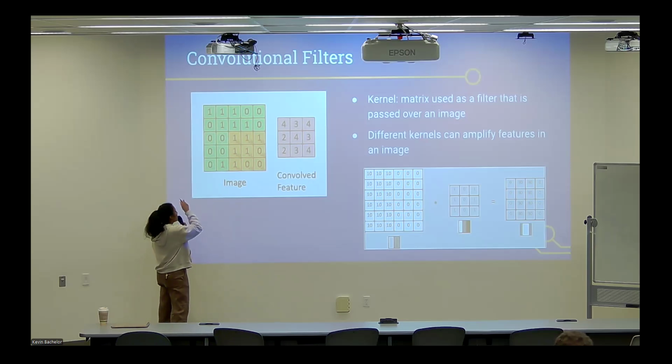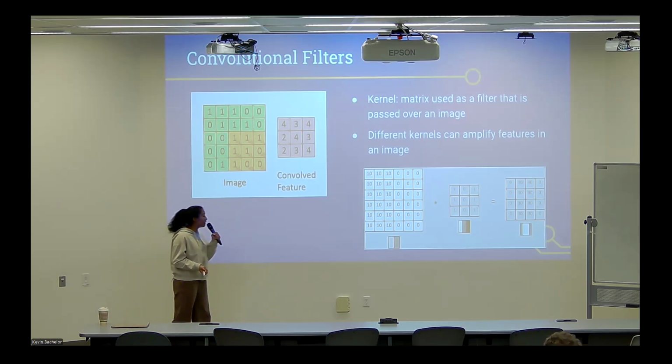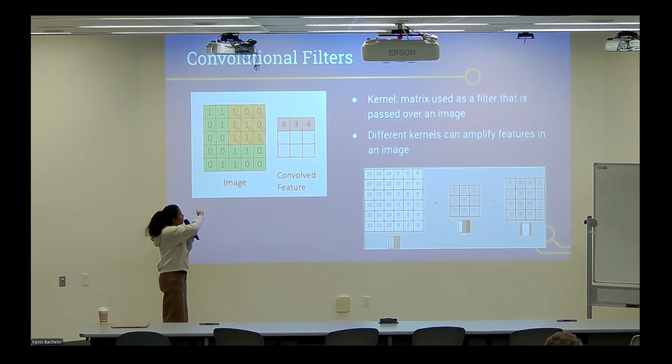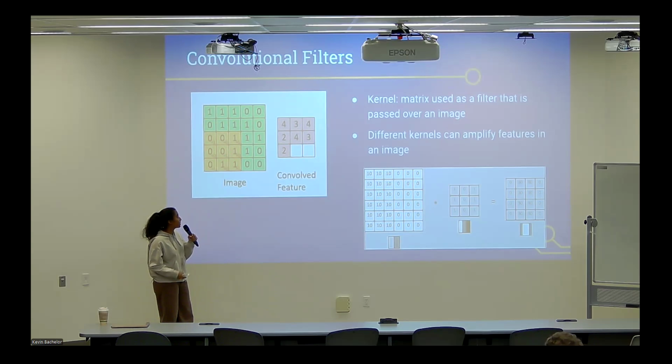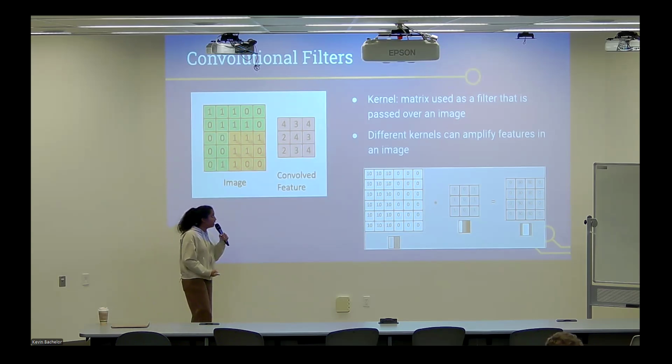We're sliding through the image and calculating patterns in the pixel values. This is called convolving, which is why we call it a convolutional neural network. As you can see, we're sliding through the image, finding features and patterns in the data, and creating a new convolved feature.